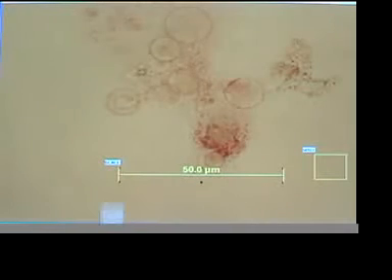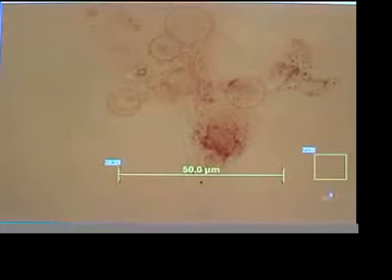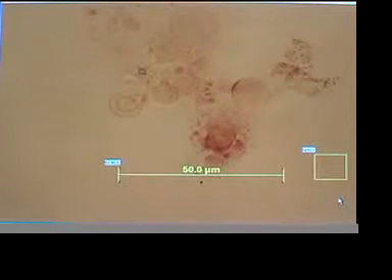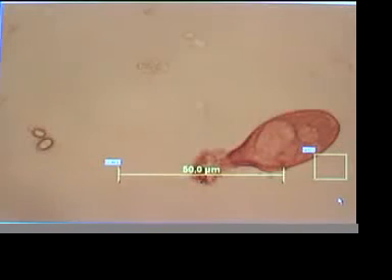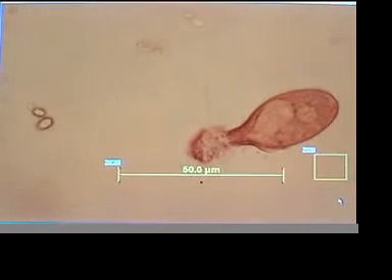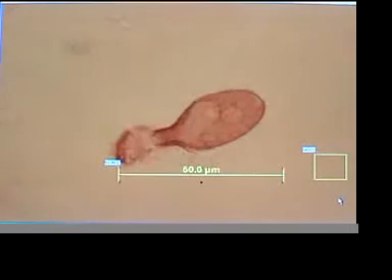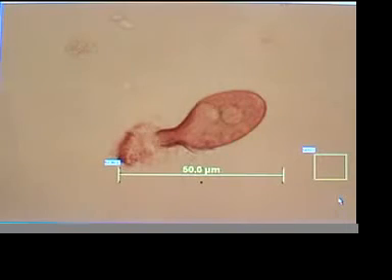Let me change the exposure level just a tad, and maybe you'll see it a little bit better. Excellent. Okay, we have a little larger organism now. If I can center them and focus, you're watching this in real time.